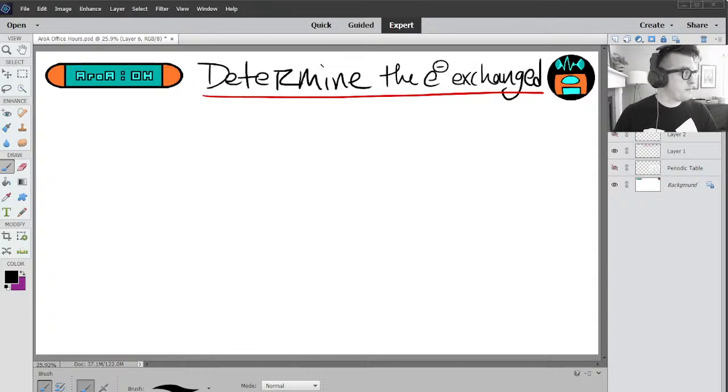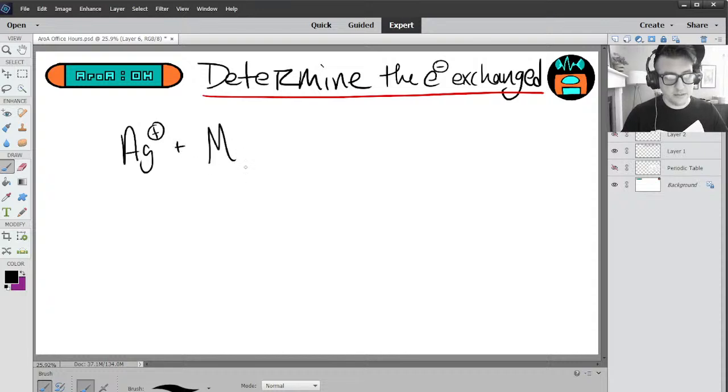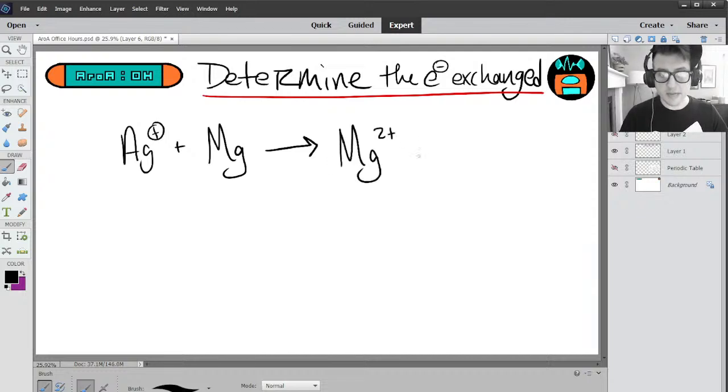So for determining the number of electrons exchanged in a redox reaction, let's look at the reaction between silver cation and magnesium metal. This reaction will produce magnesium cation and silver metal.